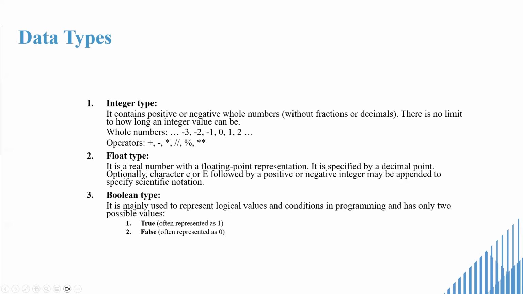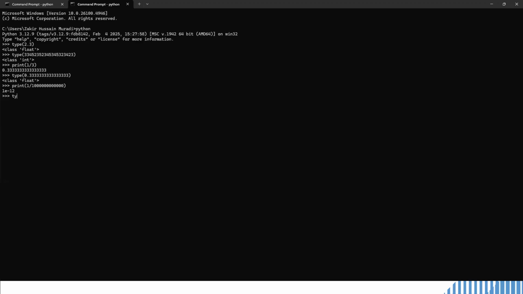Then you have the Boolean type. This is mainly used to represent logic values and conditions. If you write true or false, true is 1 and false is 0. If I say type true, keep in mind that please the T should be capital, see, it's Boolean.